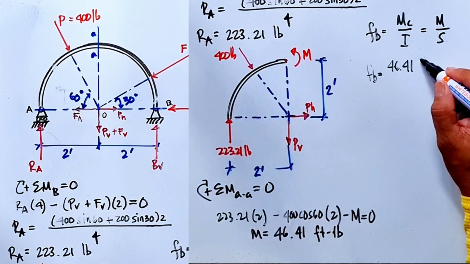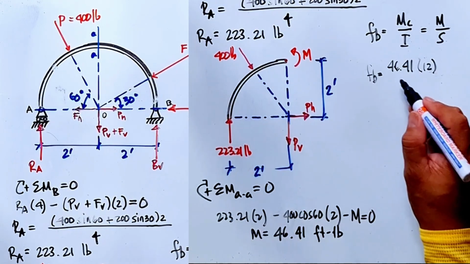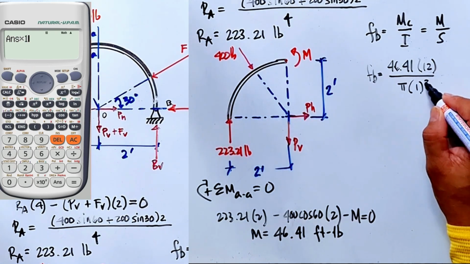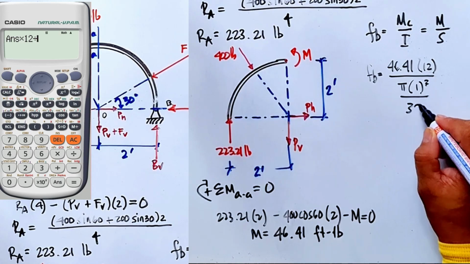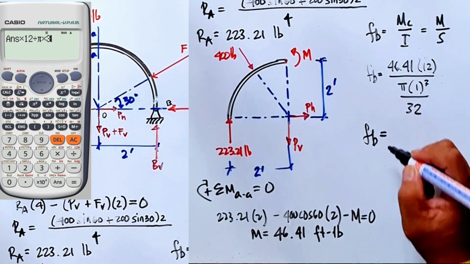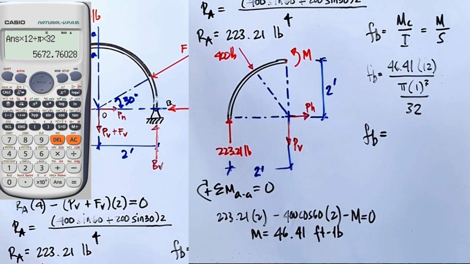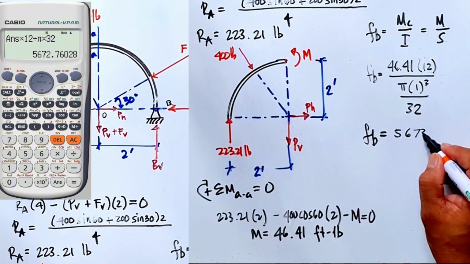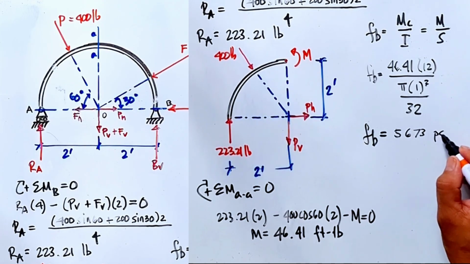Let's convert to inch-pounds, so we multiply by 12, divided by pi times 1 cubed over 32. So the flexural stress or bending stress equals 5,673 psi.